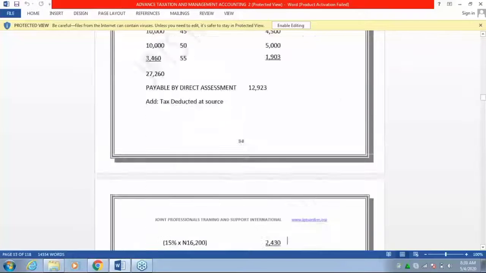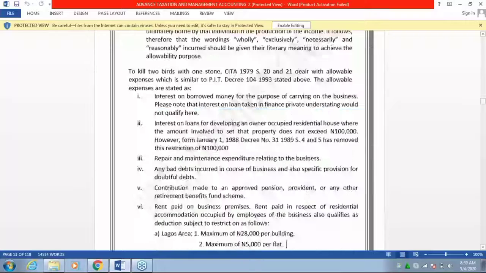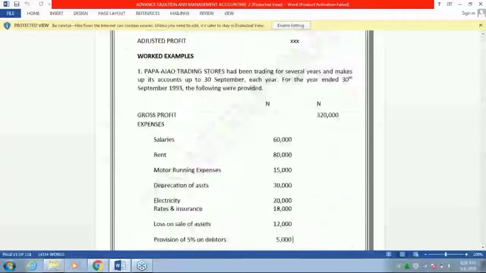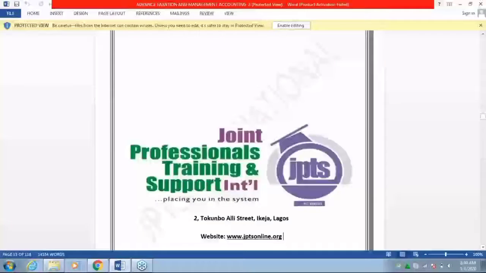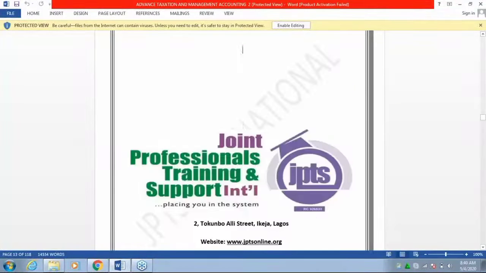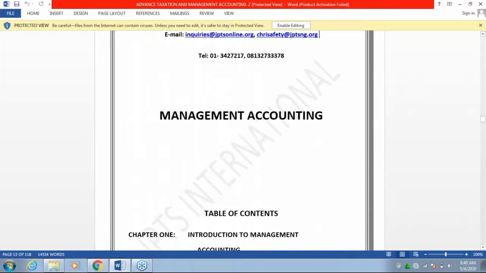And as you all know, we will be taking into consideration the other aspect of the materials, that is management accounting, by next class. It's subject to the turnout of the response to your assignment anyway.